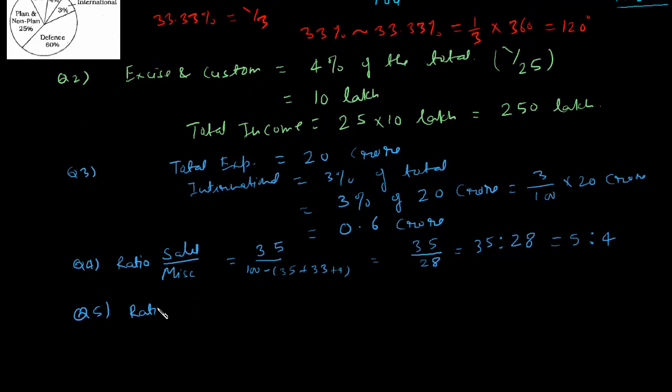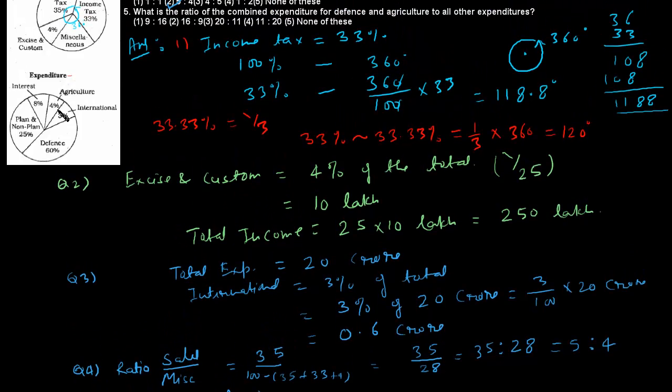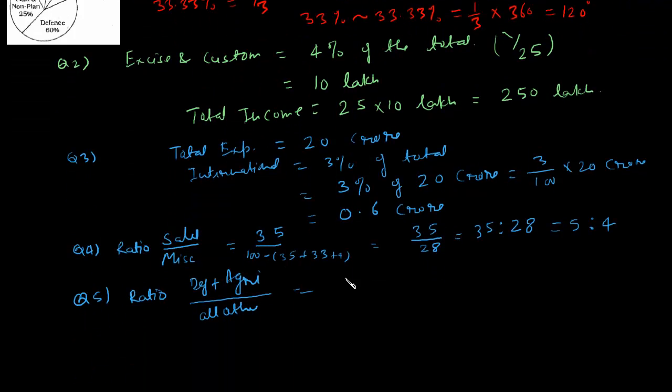So let's see the contribution of defense and agriculture. Agriculture is 4%, defense is 60. So this is basically 60 plus 4, that is 64. So 64 is defense plus agriculture.